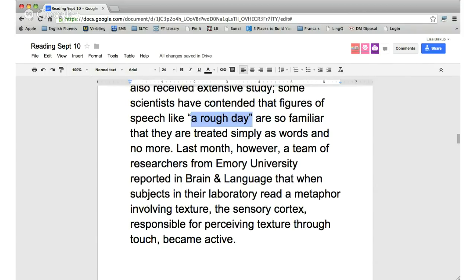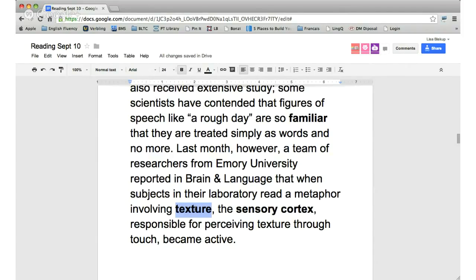But these words are so familiar, that means everybody knows them. We use them so often that it's not activating that area where we talk about touch or sensory. This is the sensory cortex, and it's only activated when you're reading things about how something feels, the texture of something.